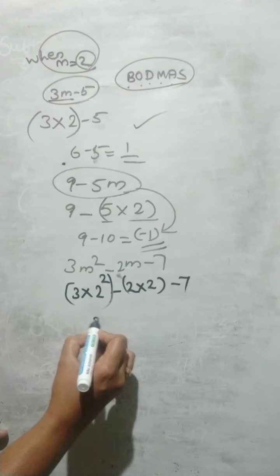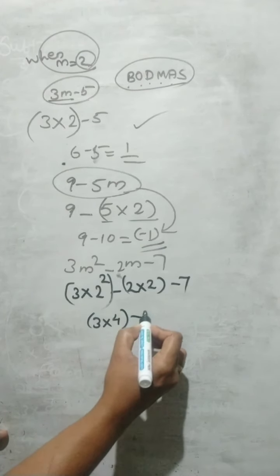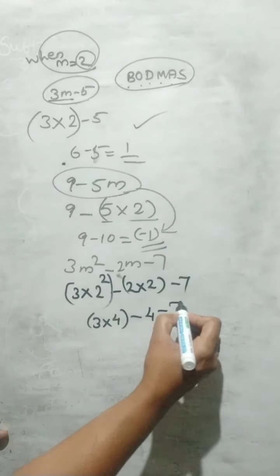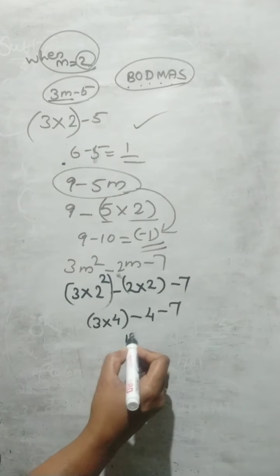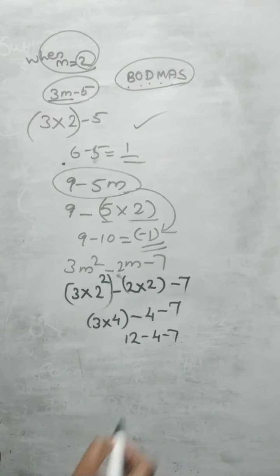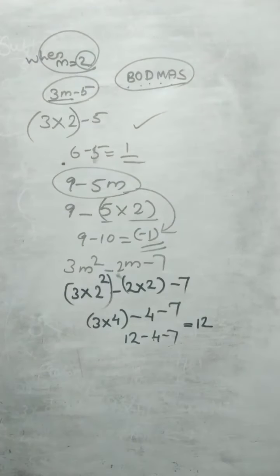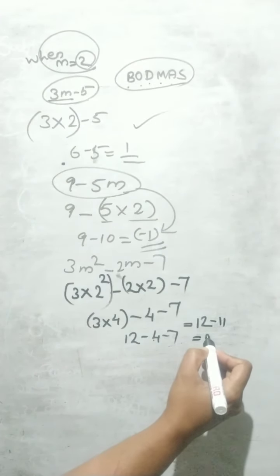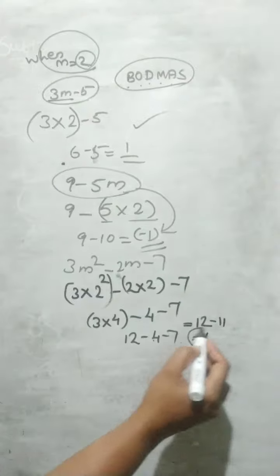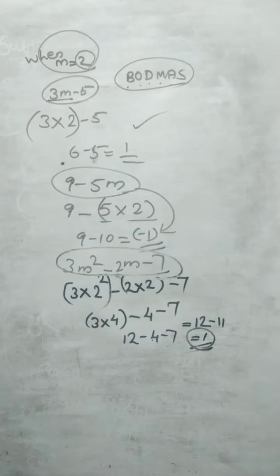What is that? 2 squared will be 4, minus 2 times 2, that is 4, minus 7. 3 times 4 is equal to 12. 12 minus 4 minus 7. That is equal to 12 minus, here minus 4 minus 7 is minus 11. So 12 minus 11 is equal to 1. So the value of this expression will be 1 when m is equal to 2.